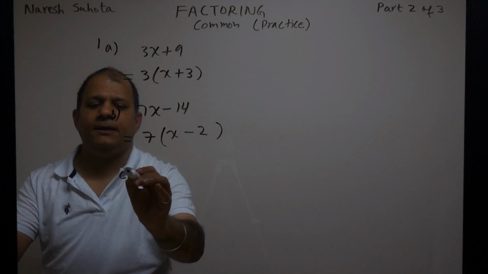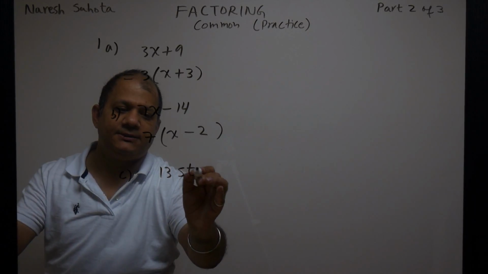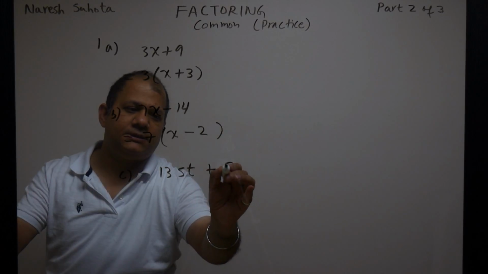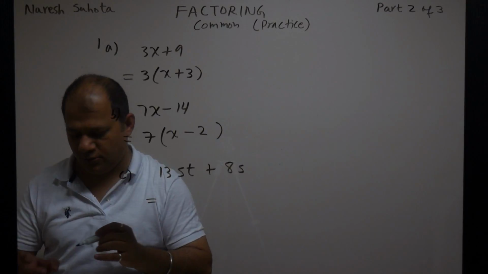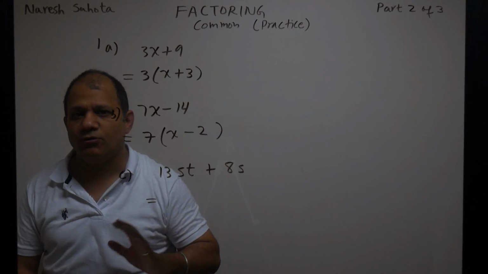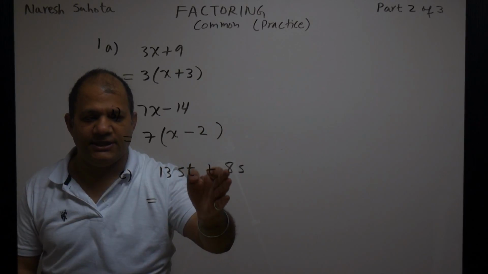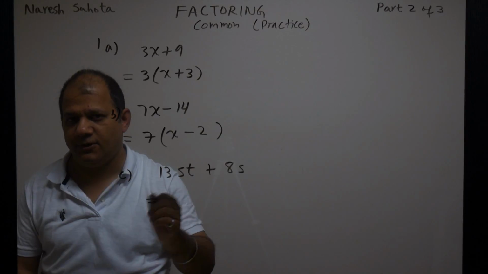Okay. And now the next question, 13st plus 8s. Let's look at the numbers. We have 13 and we have 8, and there is no common factor between 13 and 8. There is no number that divides both 13 and 8, right?